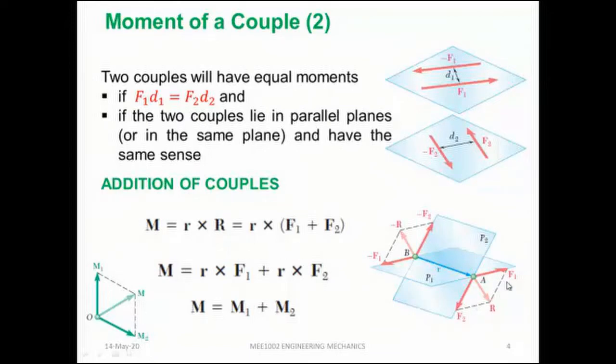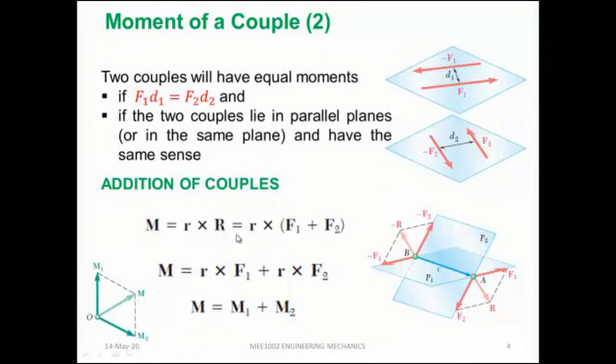You have two forces F1, F2, and opposite to F1 there is another force, and opposite to F2 there is another force, and this is the resultant and this is the resultant. Now the position vector R for the resultant is this.